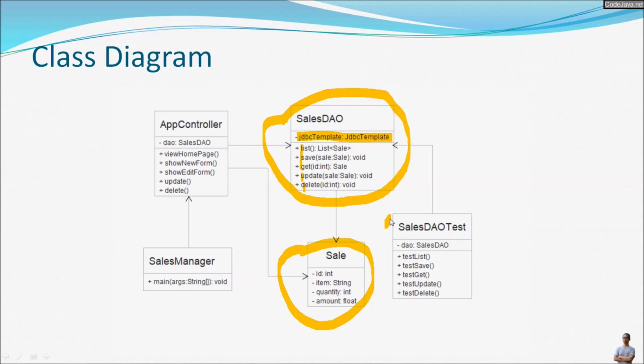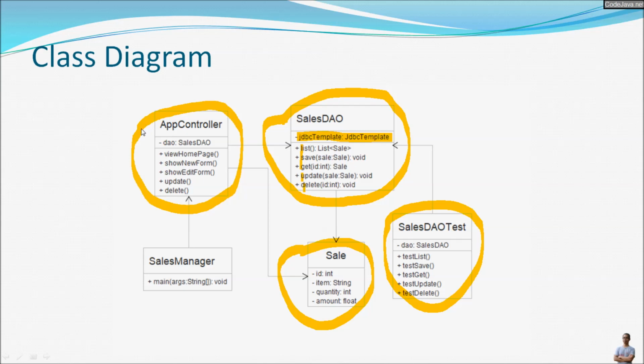And we use JUnit testing framework, so we also need to code the SalesDAOTest to test all the methods of the SalesDAO class. And in the web layer, in the controller layer, we need to code the Spring MVC controller class to handle requests coming from the clients.